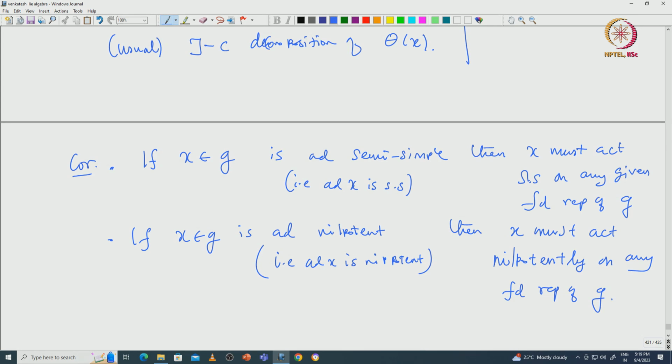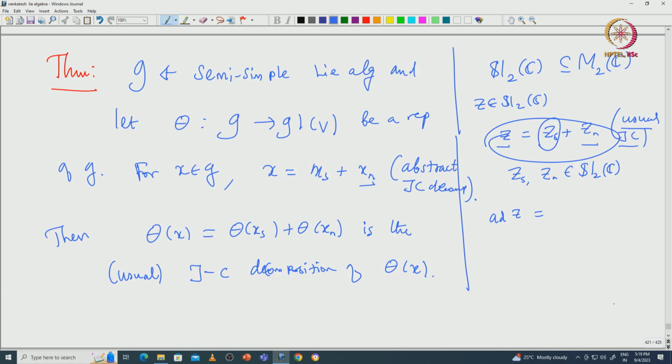This is only true for semisimple Lie algebras. So, the proof is again understanding the definition of both the abstract and usual Jordan decomposition. So, let us go through it very slowly and then try to prove this statement. This is a very important statement.